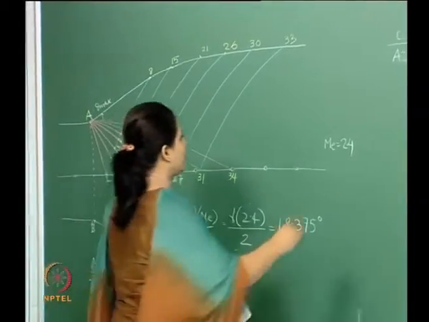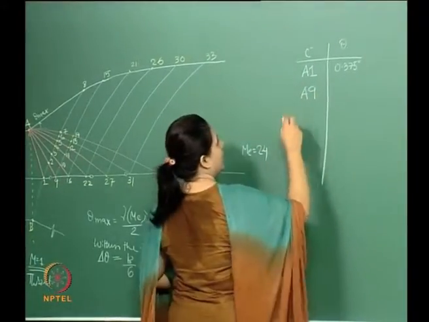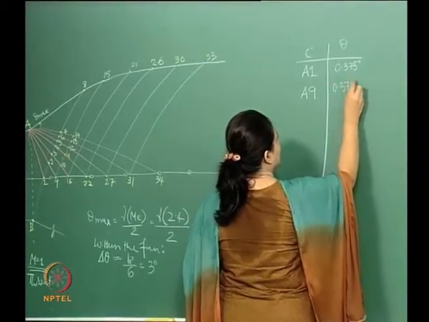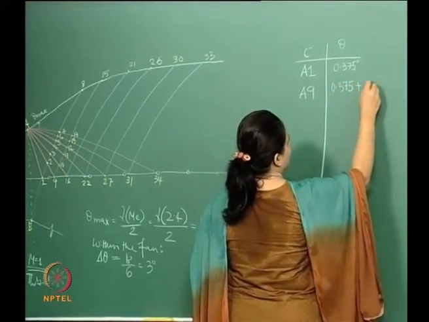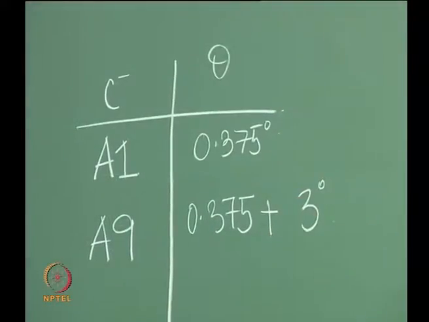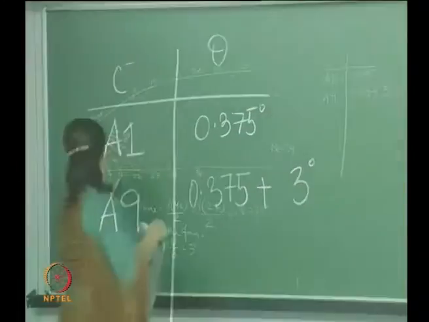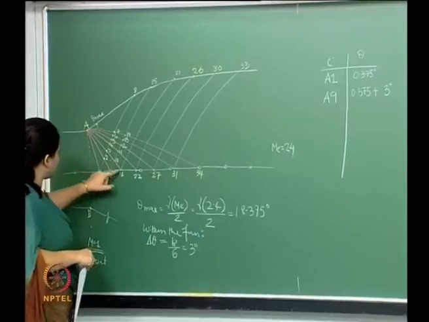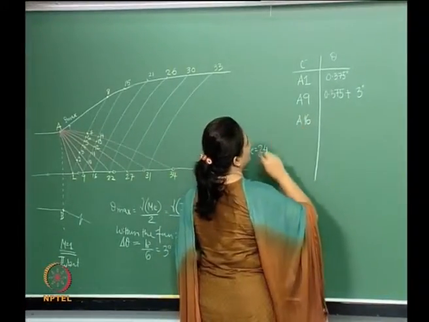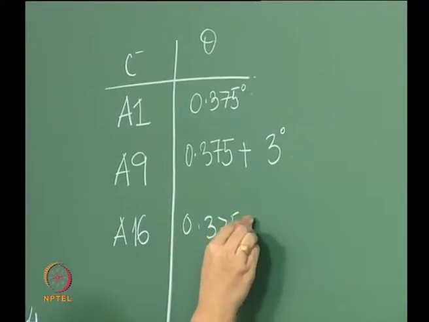So for the characteristic, say A9, theta is going to be delta theta, which is 3 degrees more, so 3.375. Again for A16, we're considering A16 here, so what we get there is 6.375.